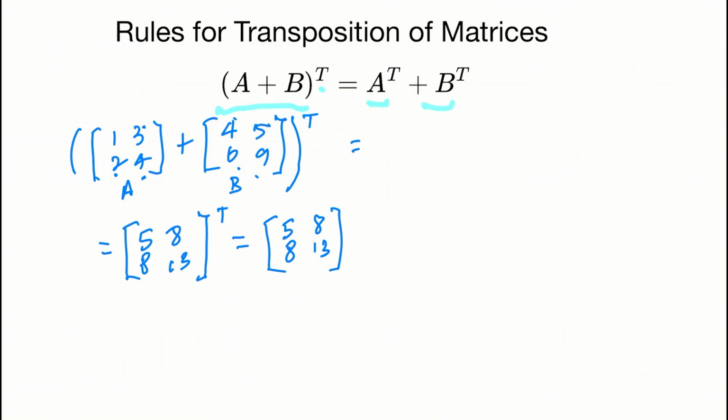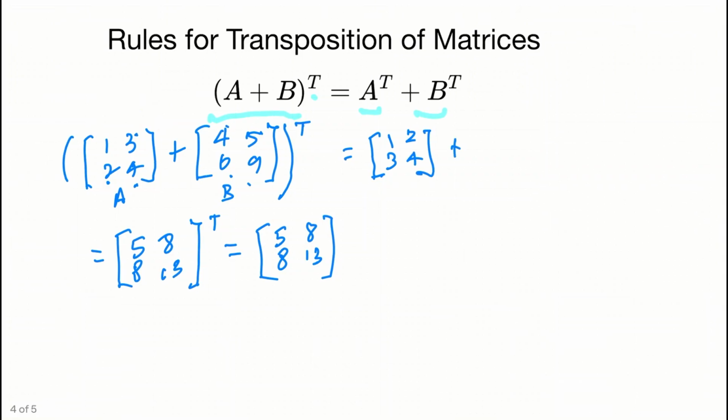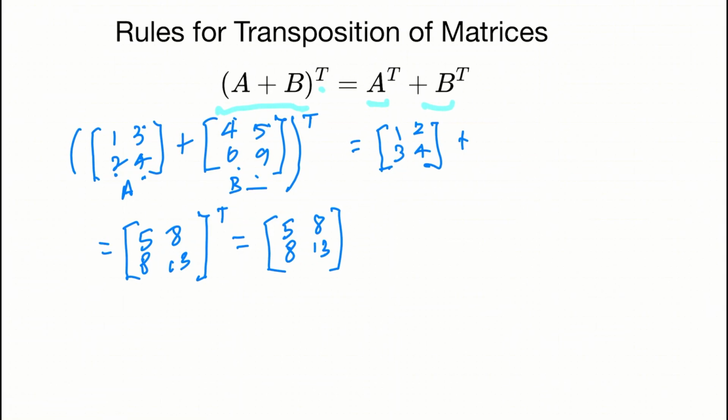So A transpose is just going to be 1, 3 becomes 1, 3, the 2, 4 becomes 2, 4, plus, I'm just over here on this B matrix now, so the 4, 5 becomes 4, 5, the first column. The second row, 6, 9, becomes the second column. So there is the transpose of that. Now let's add these together and see what they come up with.